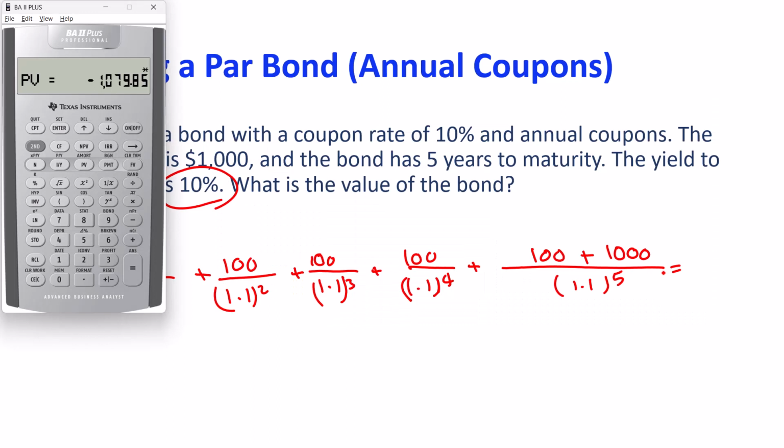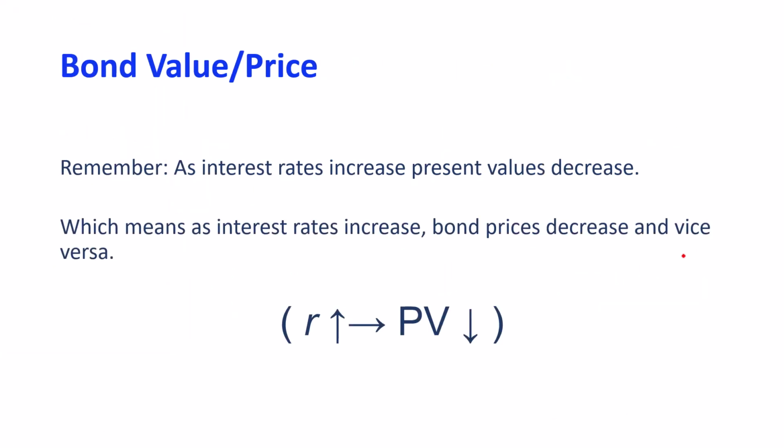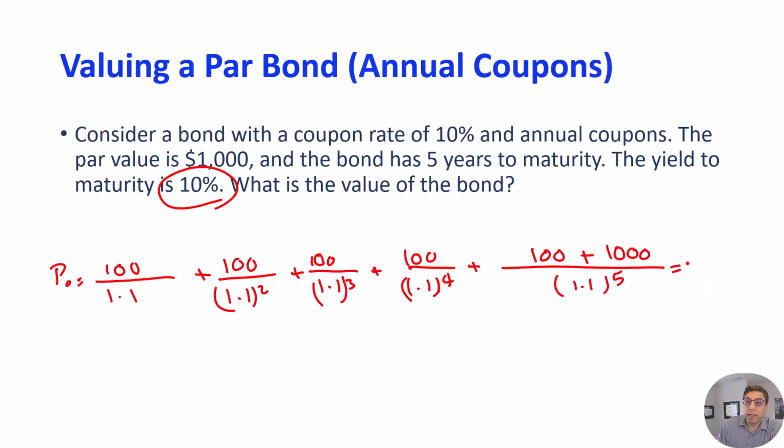If we change the rate to 10%, the price has to be 1,000. We call this a par bond. A bond that is valued at $1,000 is going to be called a par bond.